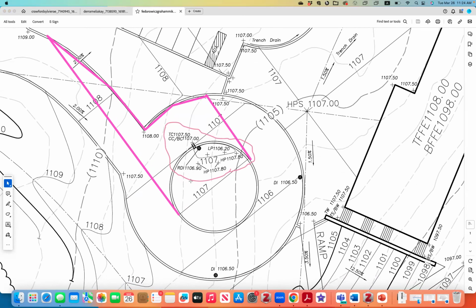All this actually goes into the center drain. So for this one, you have a CC around 1107, that's correct. And you have 1106.20. They make sense. I think this one was okay. You have an RDI as well. So all look good.